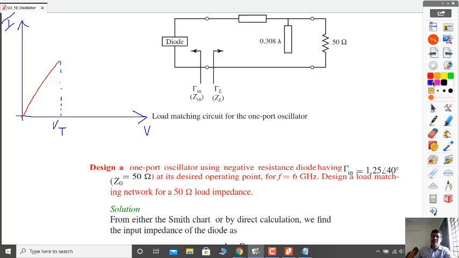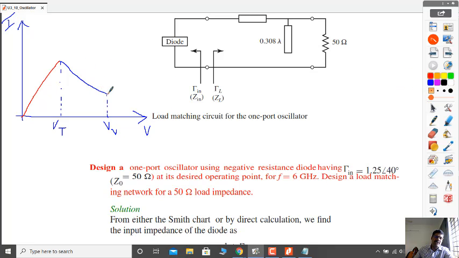If we increase the voltage further beyond this voltage Vt, then the current decreases as the voltage increases. This happens up to a certain voltage level, which we call the valley voltage.